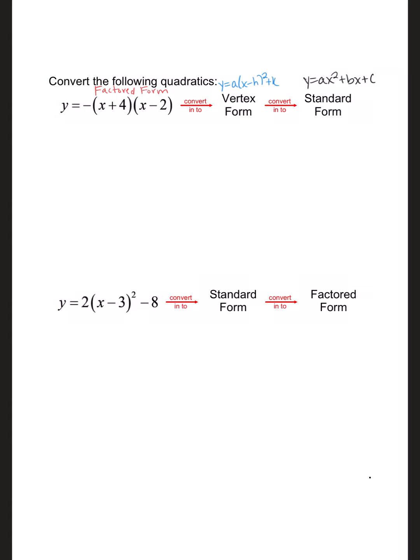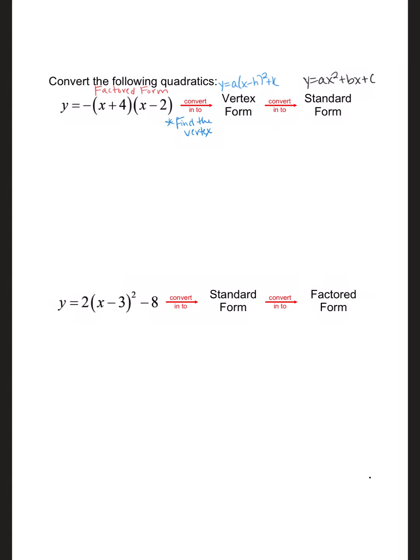Okay, so to go from factored form to vertex form, we need to find the vertex. Okay, so to go from here to here, we're going to have to find the vertex. And we know how to do that once we have our zeros, right? We find the midpoint of our x for our axis of symmetry, and then we use that to sub in to find the y of our vertex.